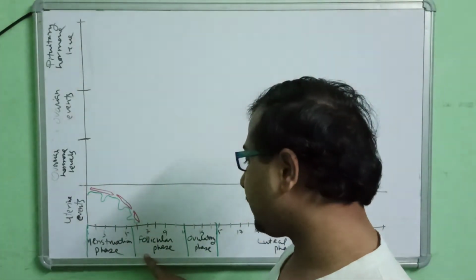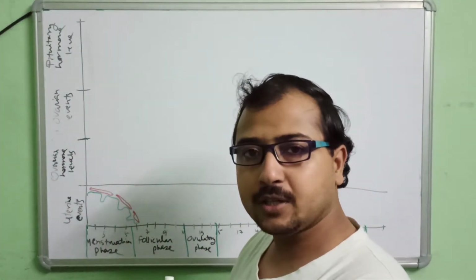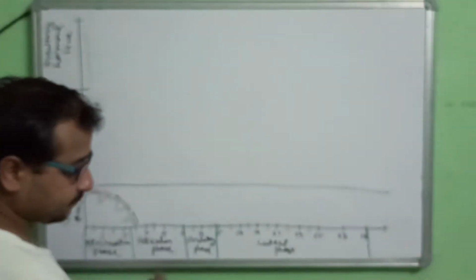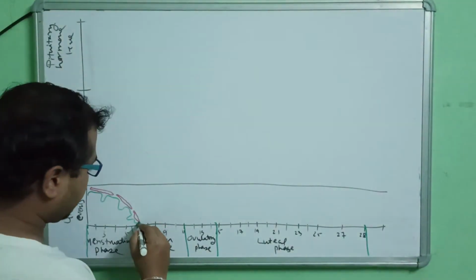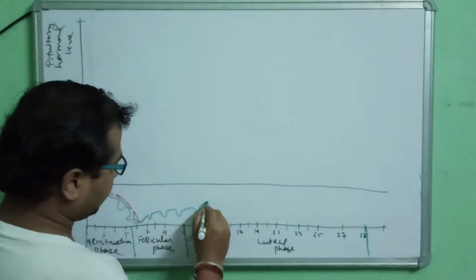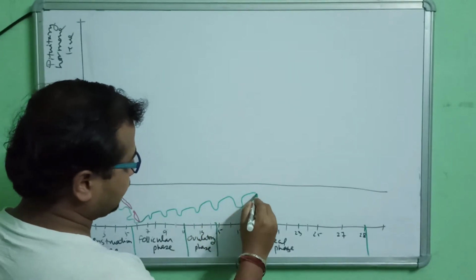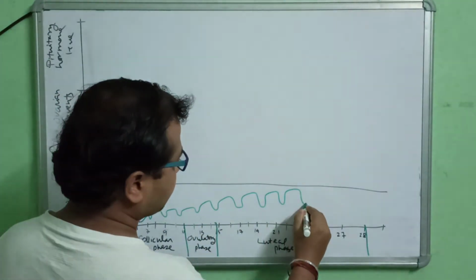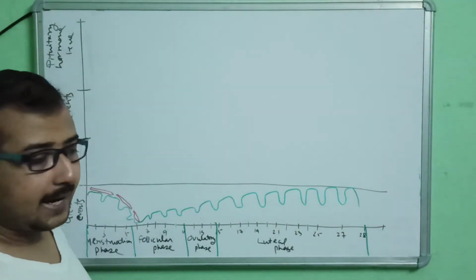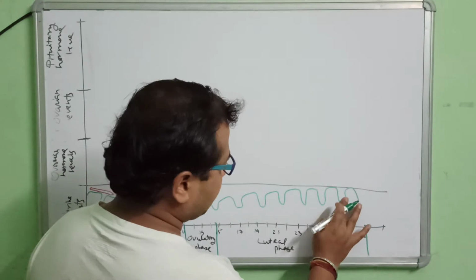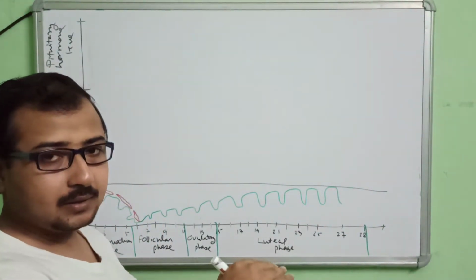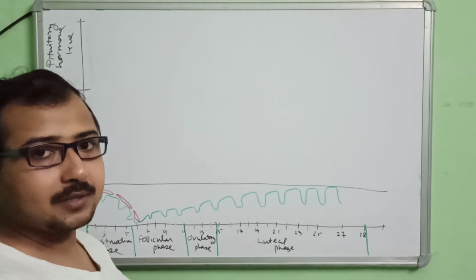Now from the follicular phase, the endometrium wall starts building up again, right? So again from here it starts building. In the ovulatory phase, it keeps on building the endometrium wall. Luteal phase, again it's a much more developed endometrium wall. And then by the end of the luteal phase, the endometrium wall will start breaking down again.